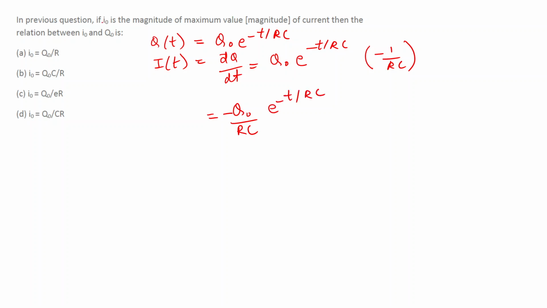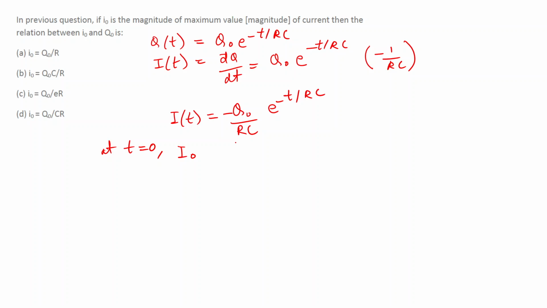Now we are given that at t is equal to 0, I naught is the maximum current, so current is I naught. With this boundary condition, this equation will change, right?